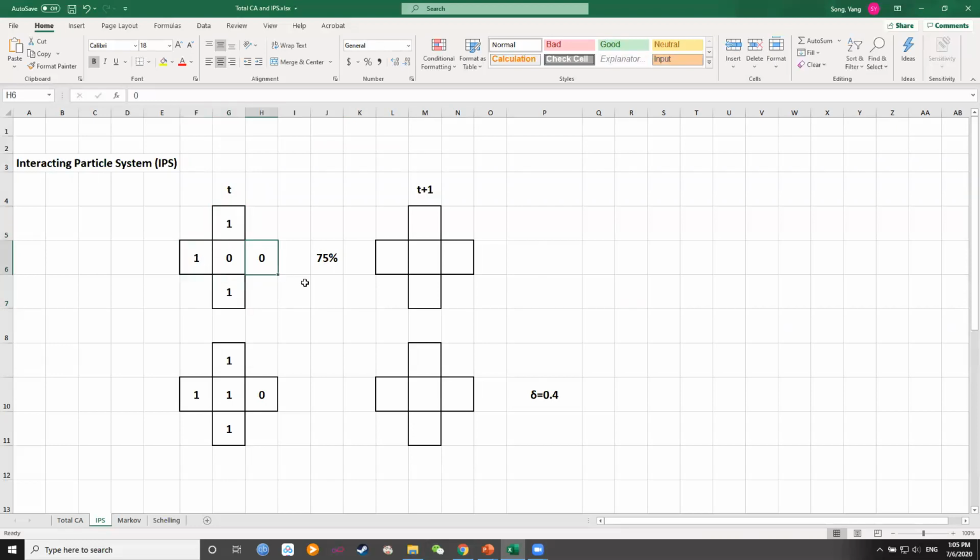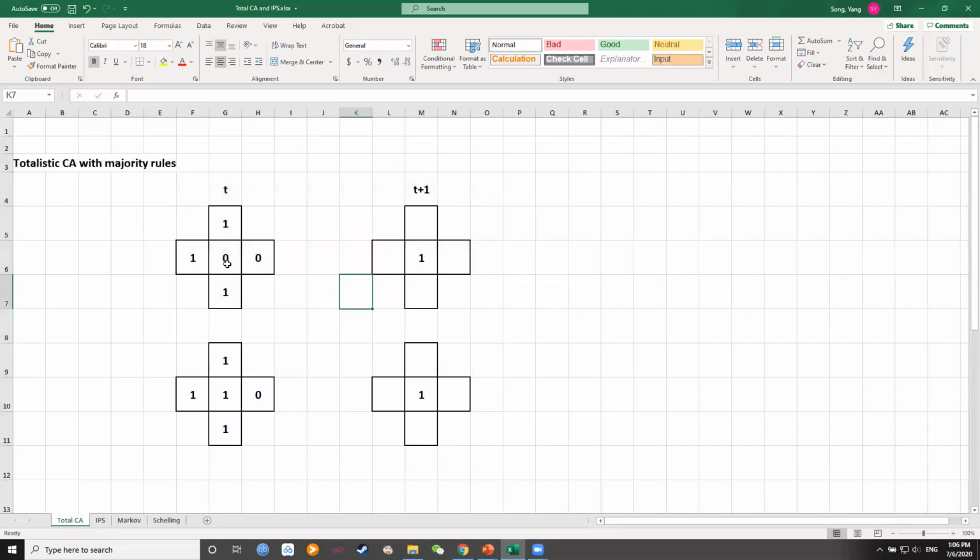3 out of 4 means that the probability of giving birth to this cell is 75%, which means it could be 1 at t+1. The probability of being 1 is 75%. It could be 0. The probability of a 0 is 25%. Now you see that there is something called probability and randomness here.